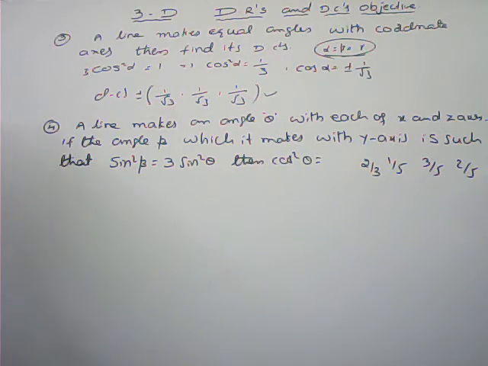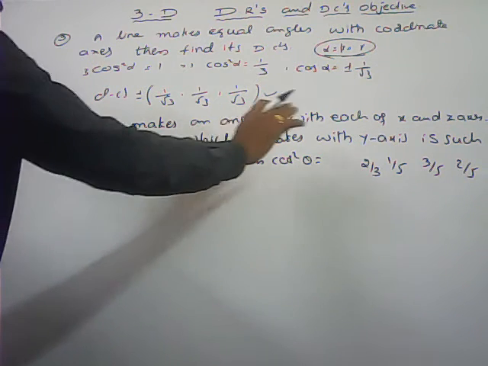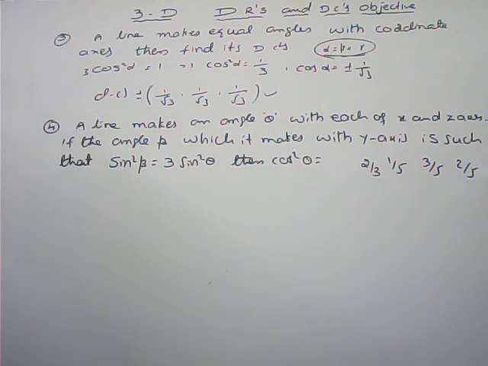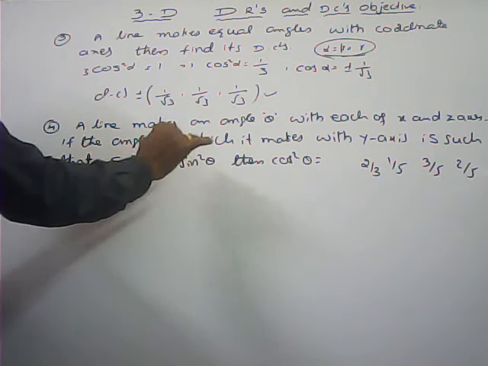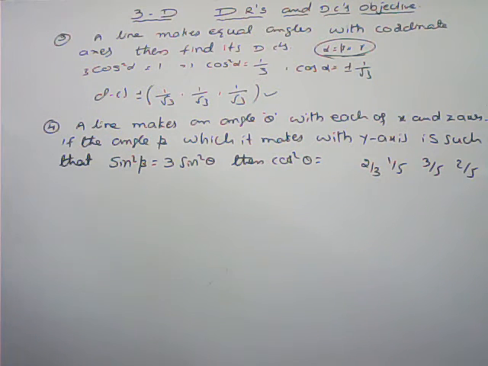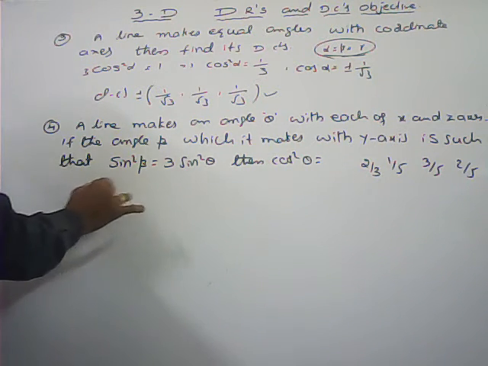And the next one: a line makes an angle theta with each of the x and z axes. If beta is the angle which it makes with the y axis, how to write it?